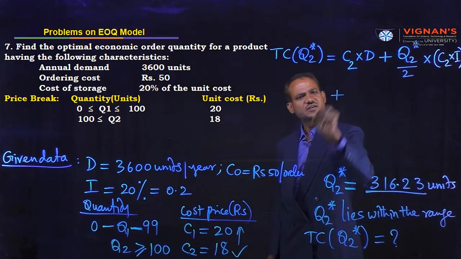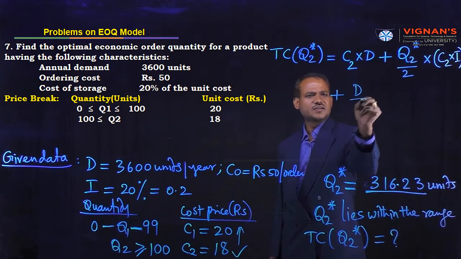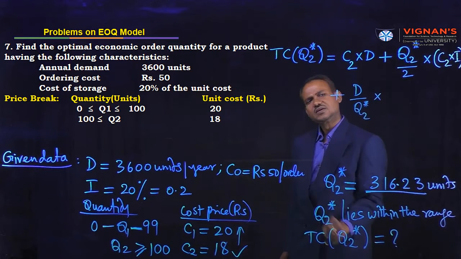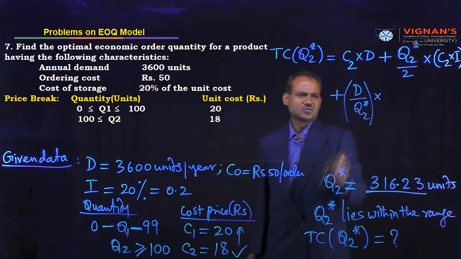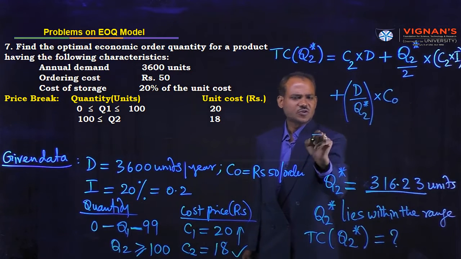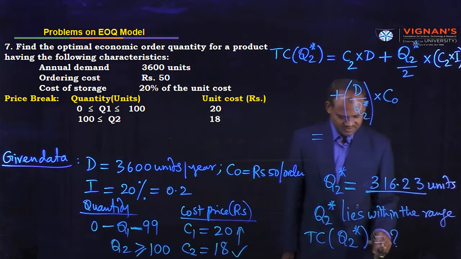The third cost is the ordering cost. Ordering cost means D by Q. In place of Q, substitute Q2 star. This is the number of orders, into C0. Now you can substitute all the given values, you will get the answer. What is that answer?